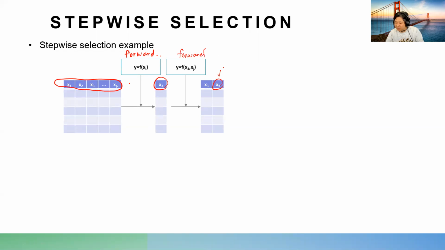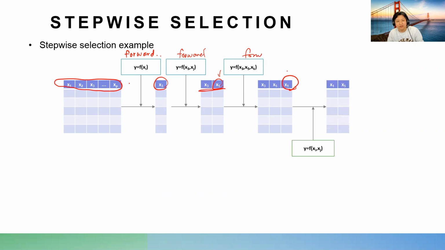And then we select x5, right? And then we do a backward again, x3 and x5, to see if we remove one. And in this case, x3 and x5 are both significantly important, so we keep them, and then forward again, add again, and then test it, and then x3, x5, x1.